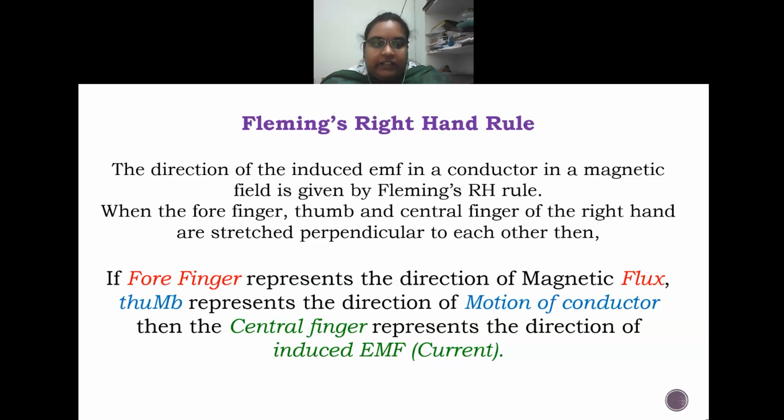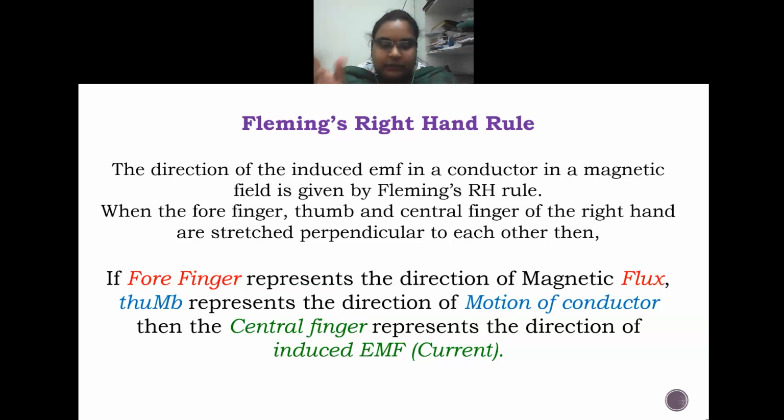So Fleming's right hand rule gives us the direction of the induced EMF in a conductor which is placed in a magnetic field. Again, if the forefinger represents the direction of the magnetic flux, and thumb represents the direction of the motion of the conductor, then the central finger represents the direction of the induced EMF or current.